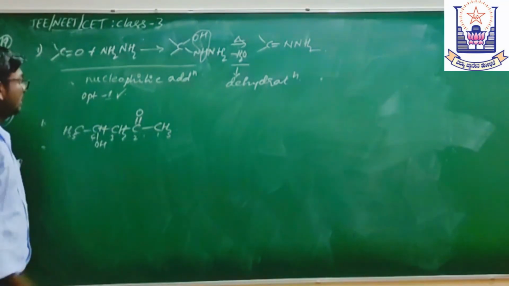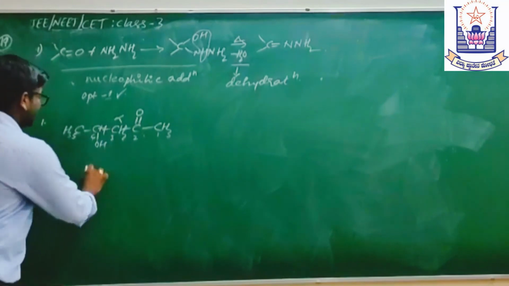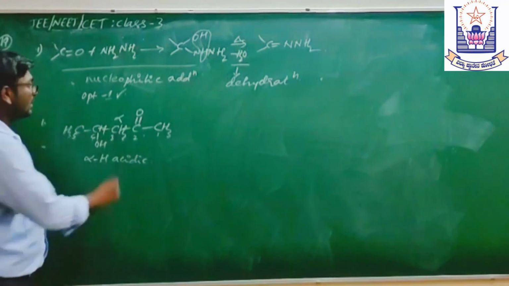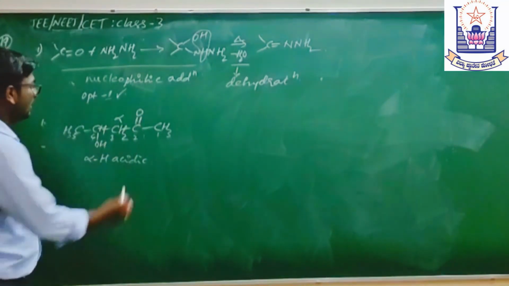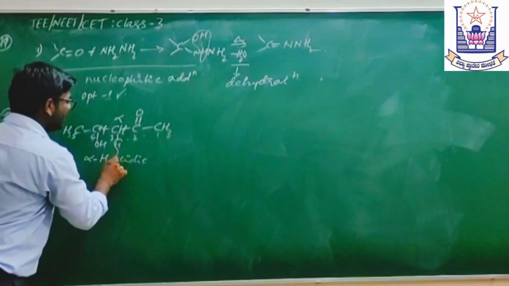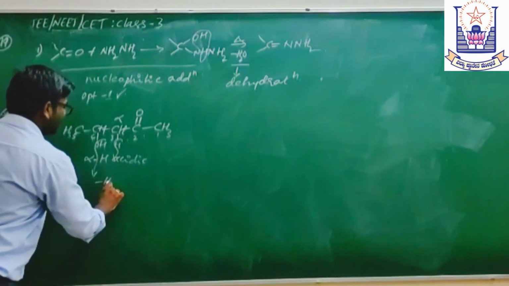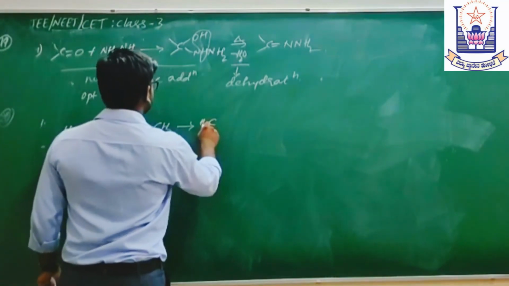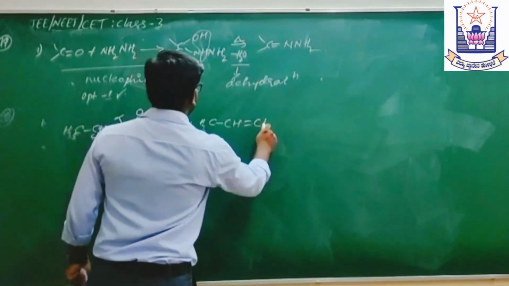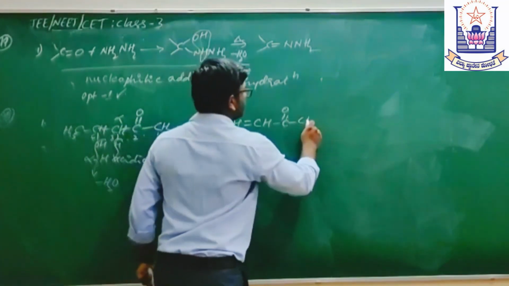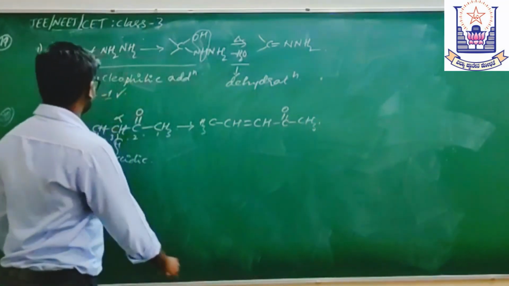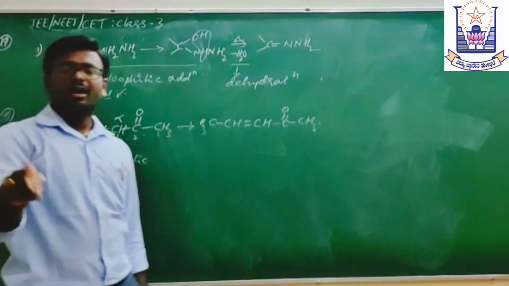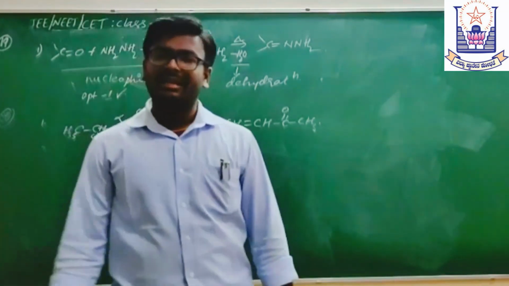Here, what happens? Alpha hydrogens are acidic because they are adjacent to the carbonyl carbon. This hydrogen will come out and OH minus will come out. Elimination will take place, and it gives CH3CH=CH-C(=O)-CH3. Since it is a ketone, ketones or aldehydes readily undergo the condensation.